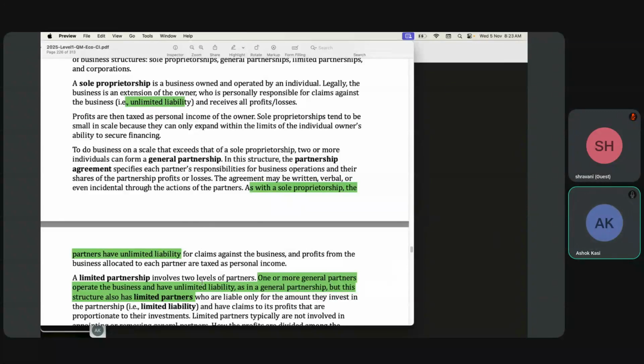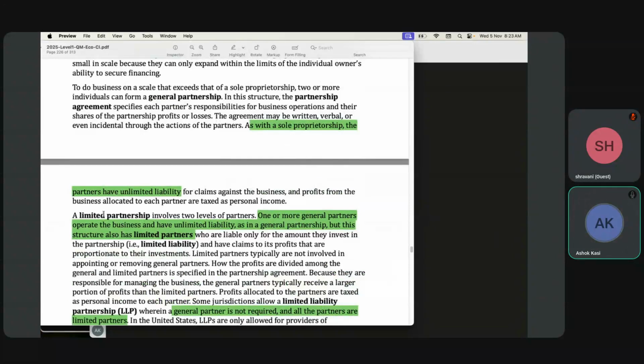But if it is structured as a limited one, limited here represents limited liability. Limited liability means when the company is borrowing, you are not borrowing. Because the company is borrowing, you are different from the company.